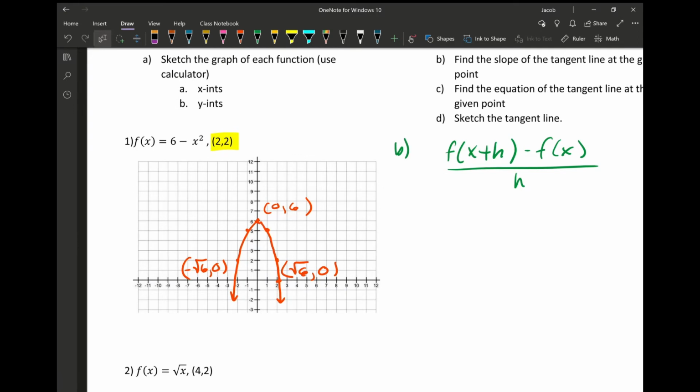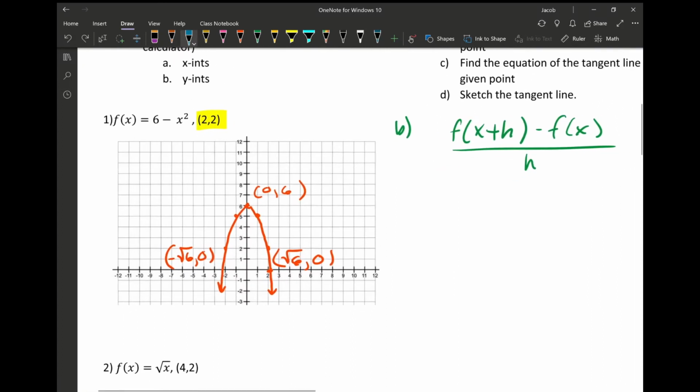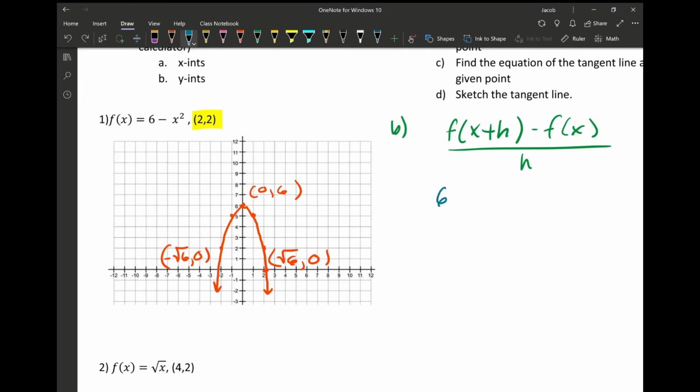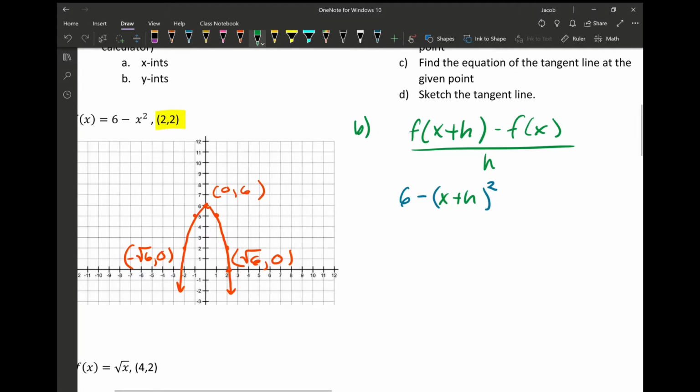This says put f of x in the division expression and then replace the input with x plus h. So I'm going to take 6 minus, leave a blank, x plus h squared, because that's coming from my difference quotient.